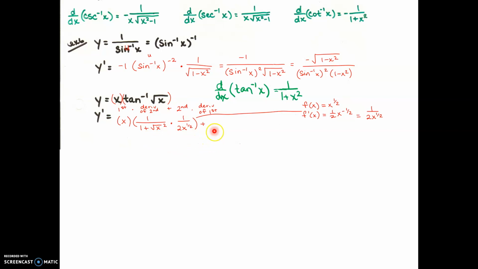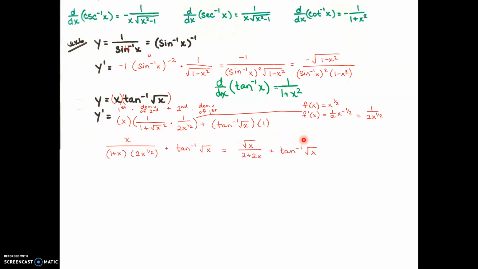All right, then we need to multiply that by, add to that second times derivative of first. So second was inverse tan, and since the first was x, the derivative of the first would just be 1. So this is our challenging part right here, and then the rest of it is straightforward. So first times derivative of second plus second times derivative of first.